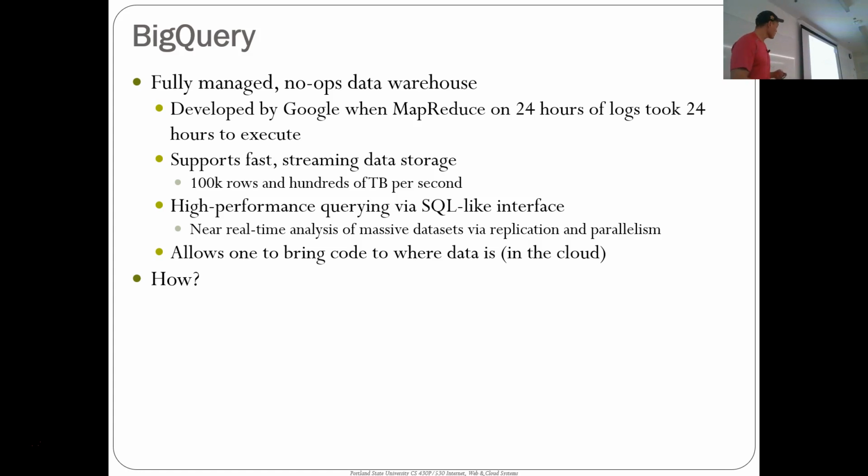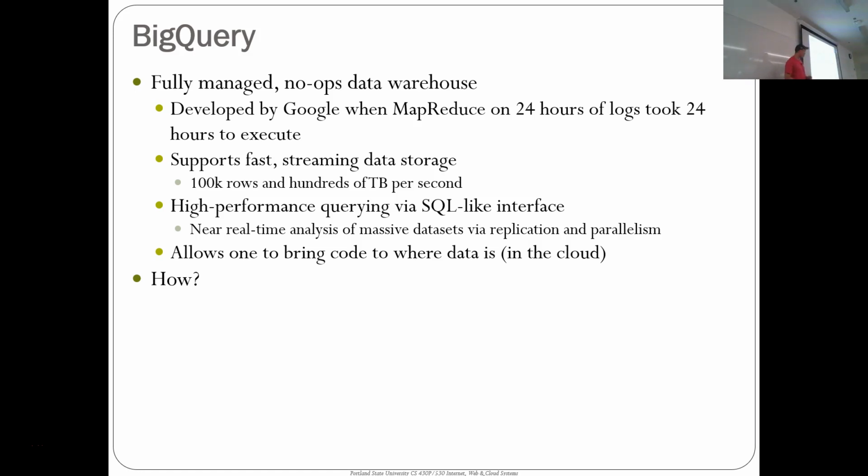And then after you ingest all of that stuff, it's ingested in a very particular way to then allow really fast querying. And that's where the high-performance querying via a SQL-like interface comes in. It's not running like a traditional SQL underneath, but it's allowing you to interact with it using the SQL language.